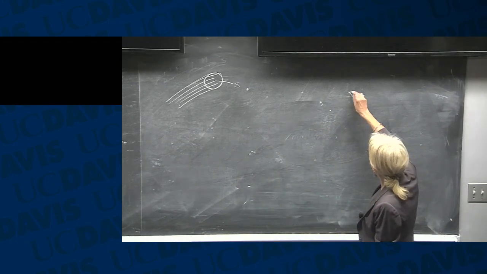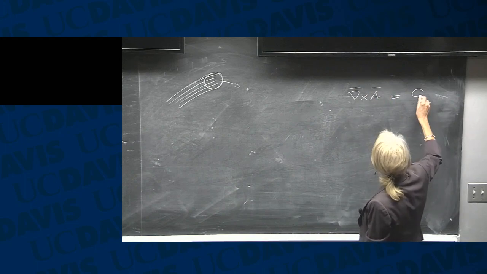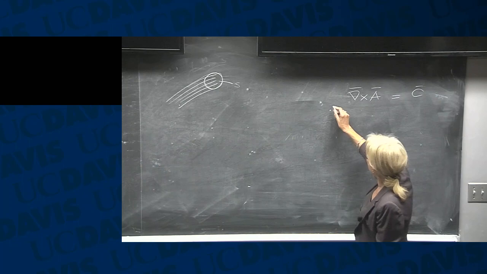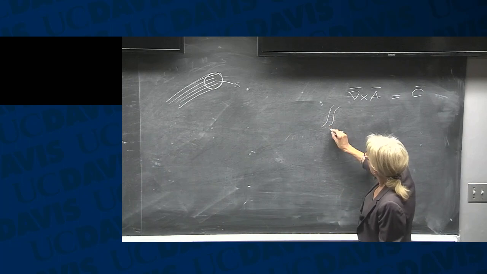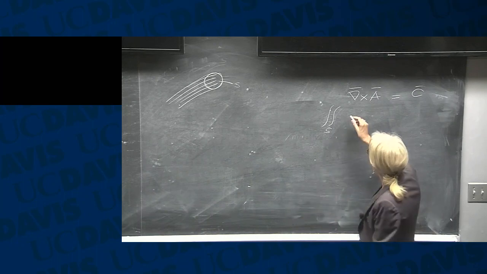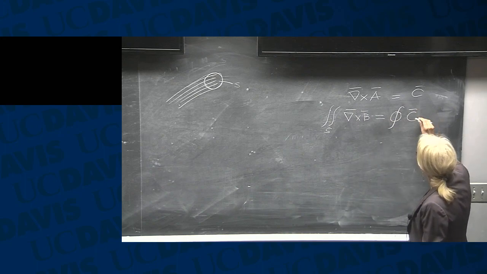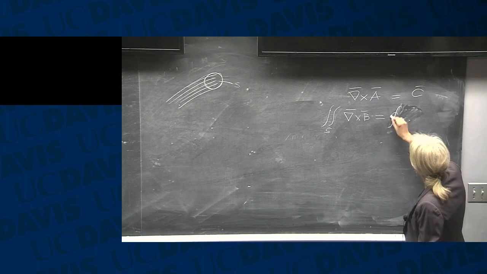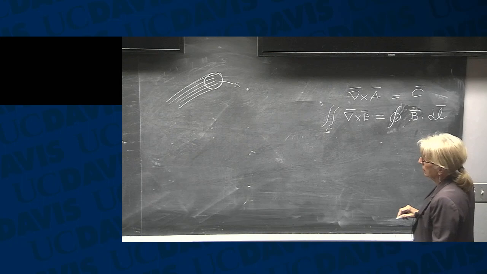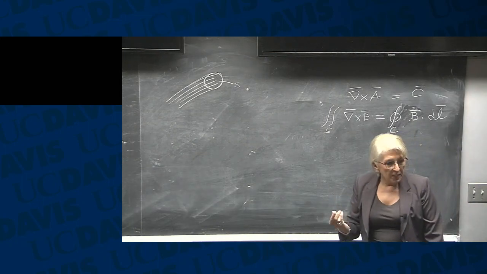It applies on any vector. If this is vector C, Stokes' theorem says that the surface integral on any surface, any of these, is the line integral of B dot dl on the line that encloses the surface.